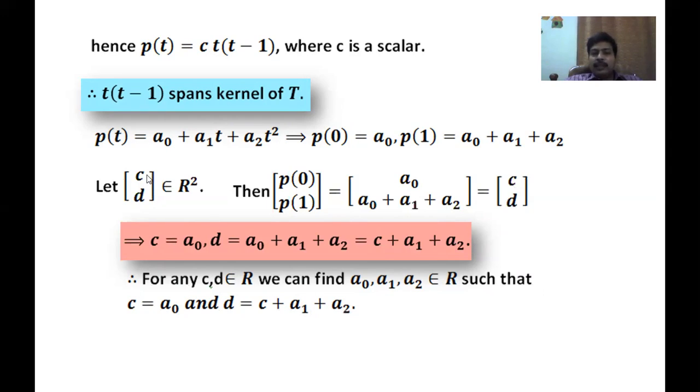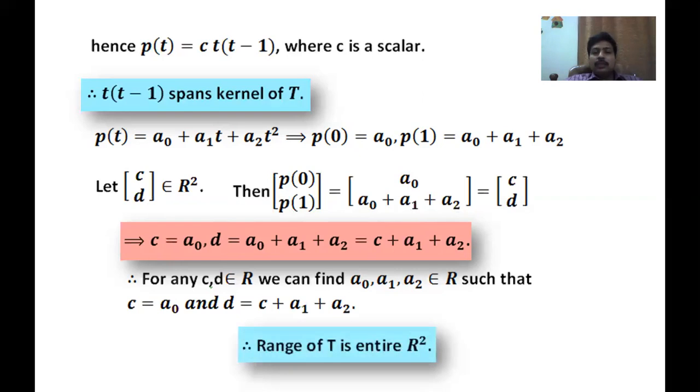So if you take any two real numbers here, for those real numbers, I can find these A0, A1, A2 such that these two relations are satisfied. So I can produce any R2 element using the real numbers. So the entire set of R2 is the range of T.